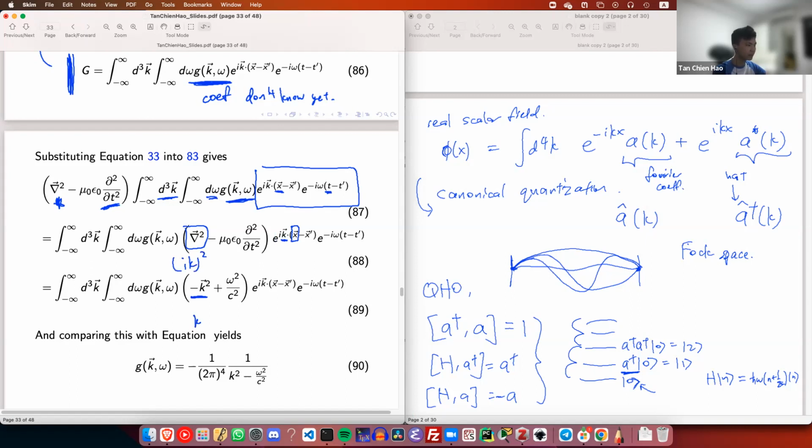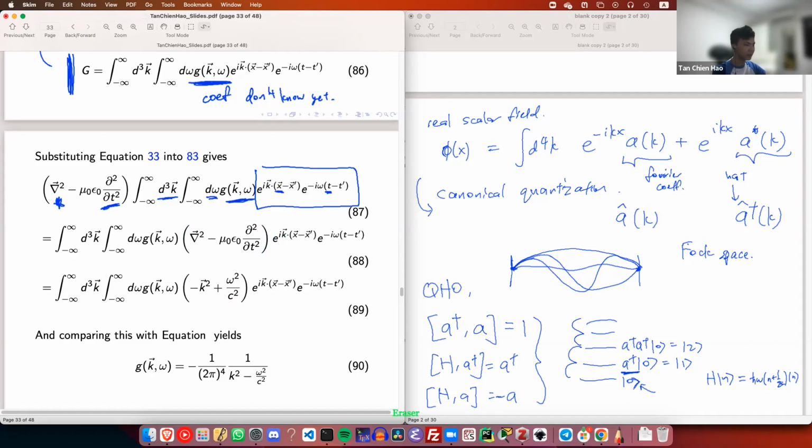And k squared as a vector means k dot k. Likewise, when I hit it with this on this guy, this is just 1 over c squared, and the minus sign turns into a positive sign. So basically it becomes this.